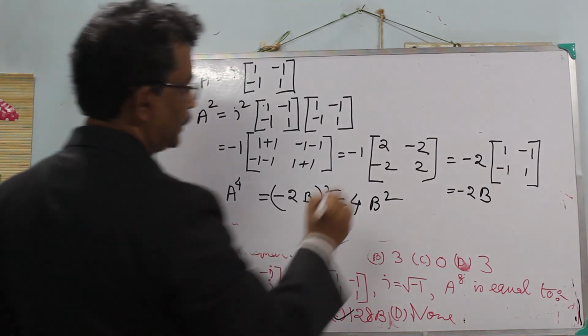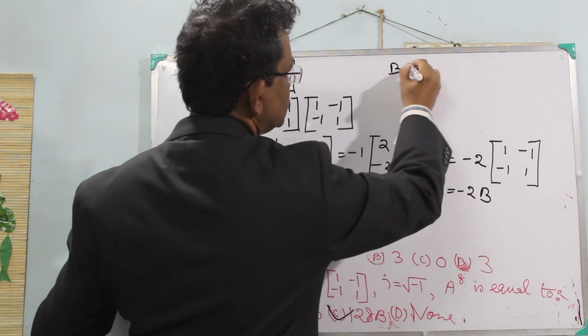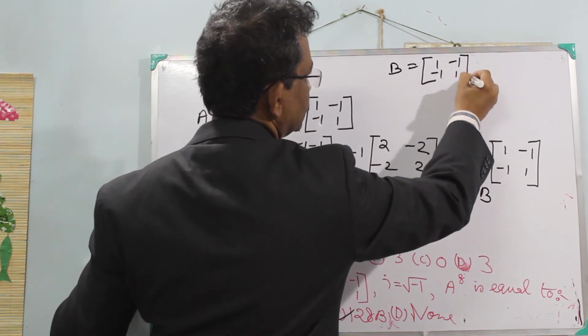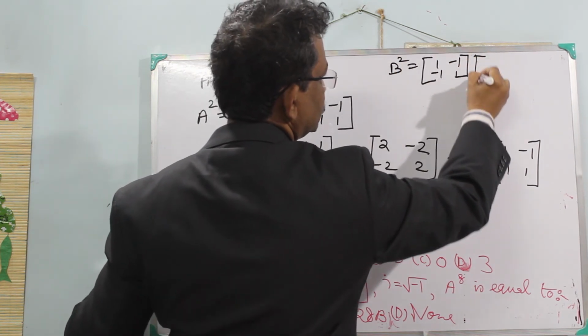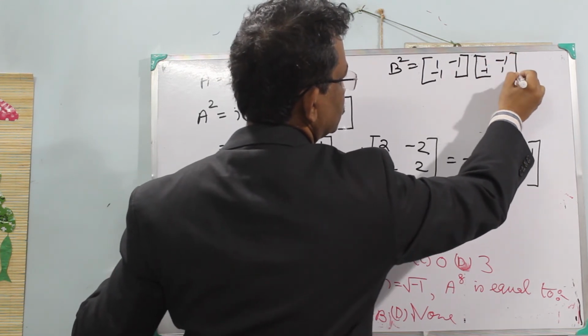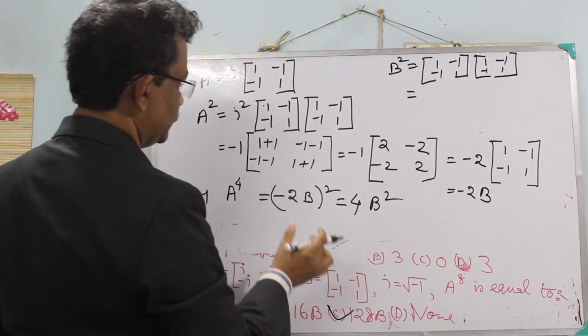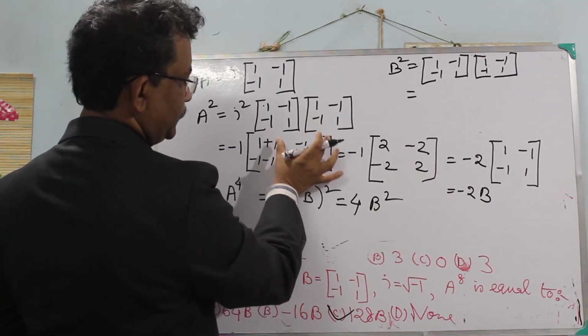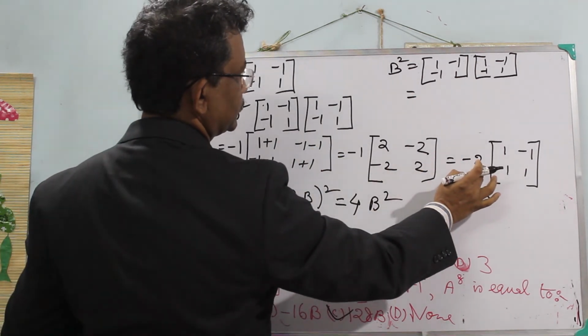Clear? And now B equal to 1 minus 1, minus 1, 1. So B square equals B into B. You will see I have already multiplied these two, same, and I have got this answer.